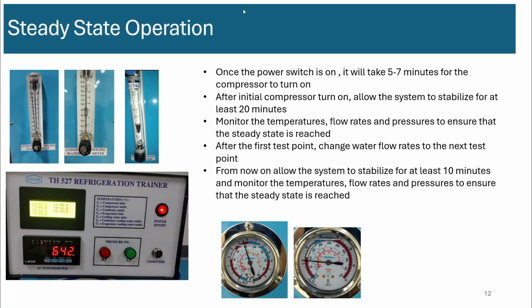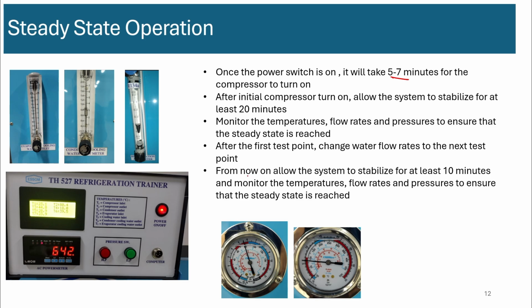Now, after the system is started and the power switch is on, you will not notice the compressor turn on immediately. It will take some time. Typically, it takes about 5 to 7 minutes for the compressor to turn on. You would easily recognize it because the compressor is pretty audible.